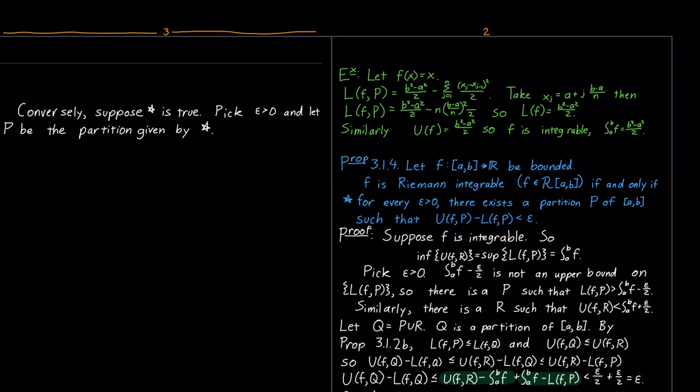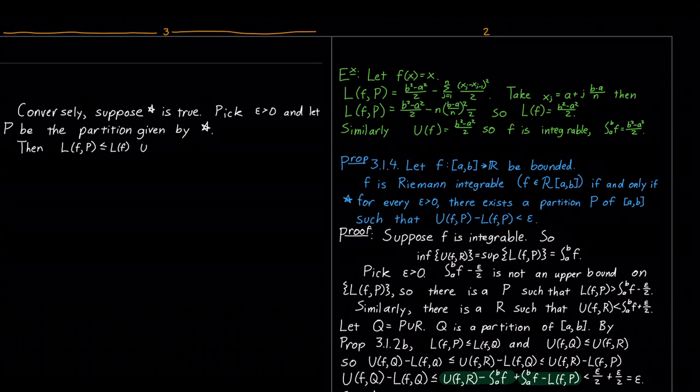Then L of Fp is less than or equal to the supremum of all the L's of Fp, so that's less than the lower Riemann integral. And we said above that was less than or equal to the upper Riemann integral.